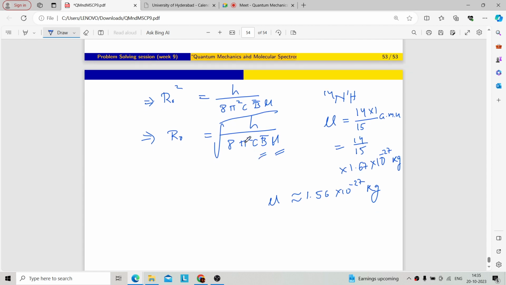V bar value we have. h is Planck's constant, so we know all the values.